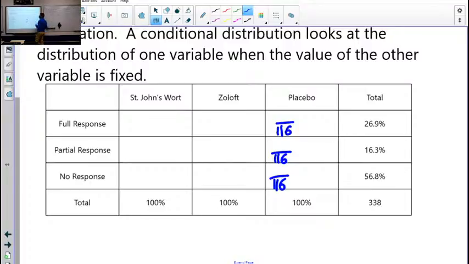Out of those 116, how many had full response? And the idea is when we do these three percentages, they should add up to 100.